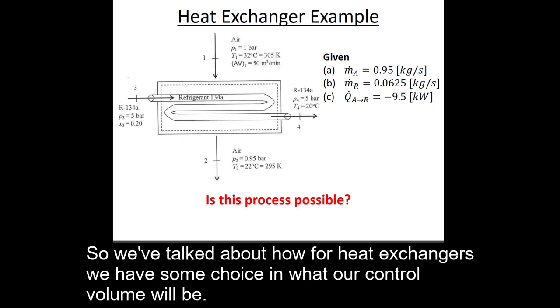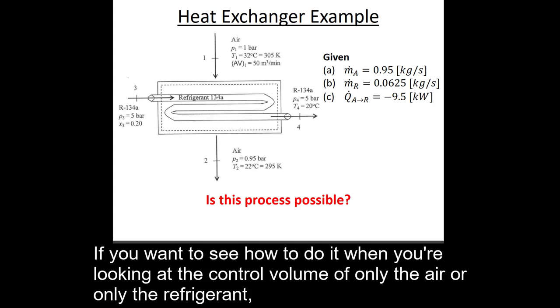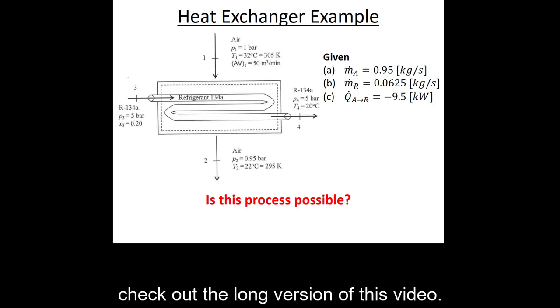So we've talked about how for heat exchangers we have some choice in what our control volume will be. And in this shorts video, I'm only going to look at the entire control volume. If you want to see how to do it when you're looking at the control volume of only the air or only the refrigerant, check out the long version of this video.